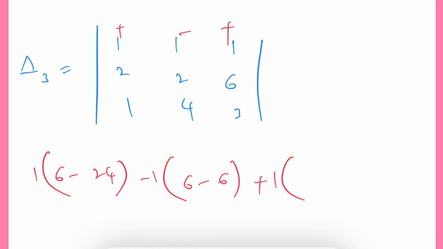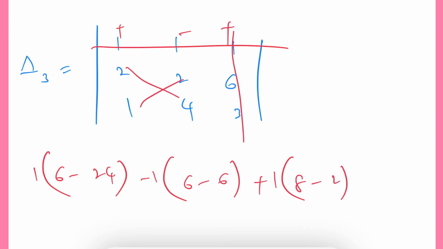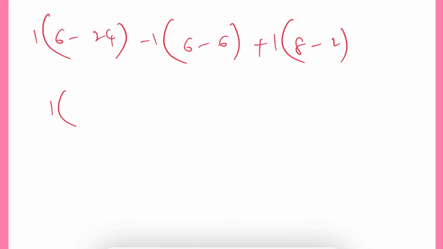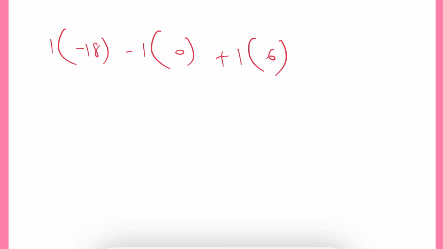Next 1 into 2 4s are 8, minus 1 2s are 2. Okay, if we simplify this, 1 times (6 minus 24), minus 18, minus 1 into (6 minus 6), 0, plus 1 into (8 minus 2), 6. So minus 18, minus 1 into 0, 0, plus 1 into 6, 6. Now minus 18 plus 6, it's nothing but minus 12.